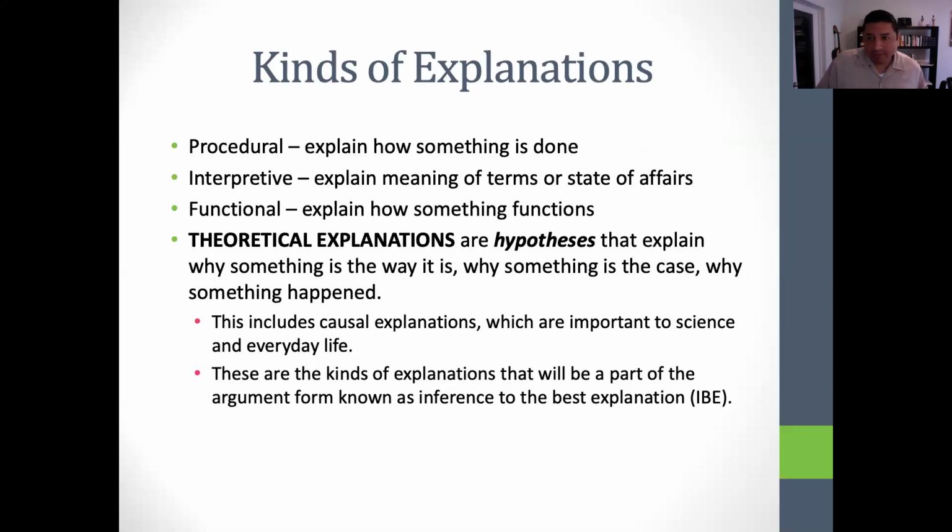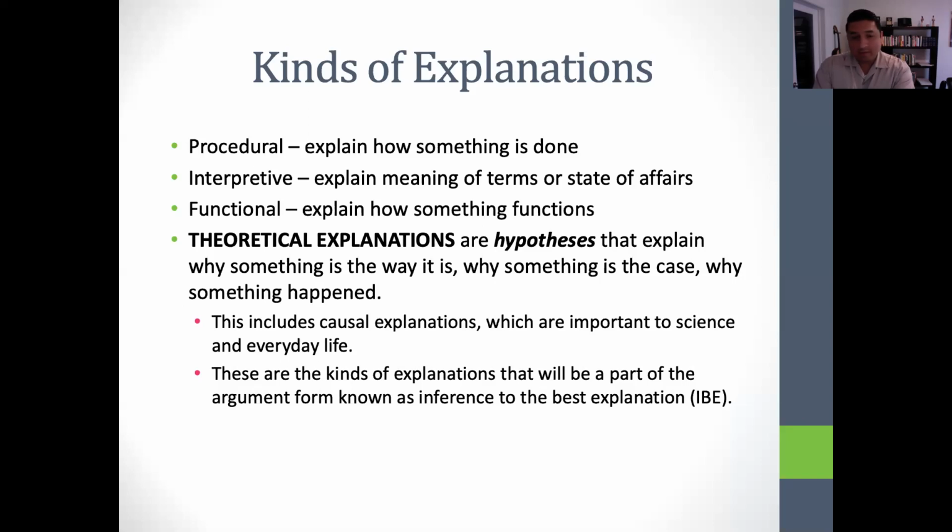Okay, so there are different types of explanations. There are procedural explanations, which explain how something is done. There are interpretive, which explain the meanings of states of affairs. Functional, which explain how something functions. Now, the one that we're going to be interested in in this chapter is theoretical explanations. They are hypotheses that explain why something is the way that it is.